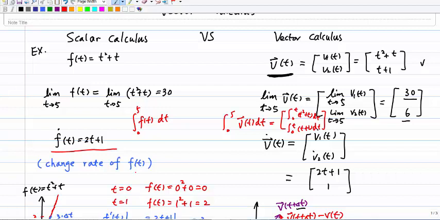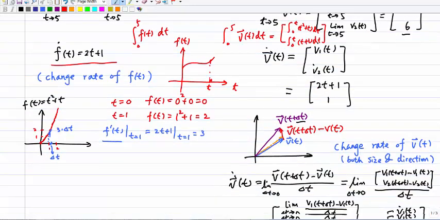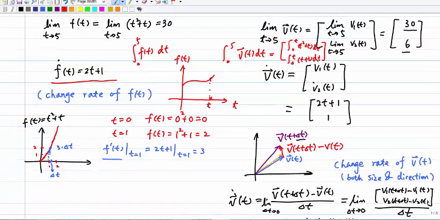If I draw over here, this is my t, this is f(t), somehow like this. The derivative talks about how fast f(t) will change. Let's say this is my t, some value over here. If I change this t a tiny little bit, how will my f(t) change? That's what the derivative means.